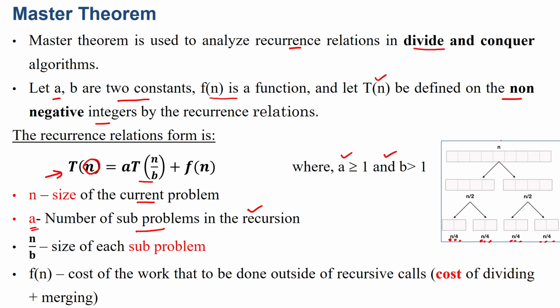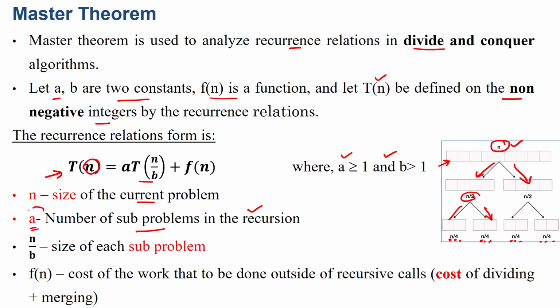Here you can see that we are taking the bigger problem of size n, and this n is divided into subproblems n by 2 and n by 2, then n by 2 is divided into n by 4, and it will keep on going until reaching the initial condition in the recursive calls.